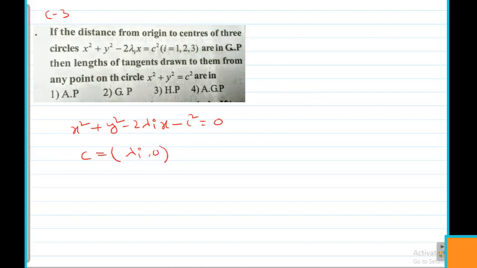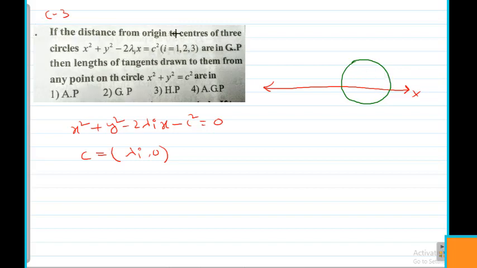This means the centers of all three circles are lying on the x-axis. This is the x-axis for example. One of the circles is this. Three circles are there. The center of the first circle is taken as (lambda 1, 0), the second circle's center as (lambda 2, 0), and the third circle's center as (lambda 3, 0). So what is the question?